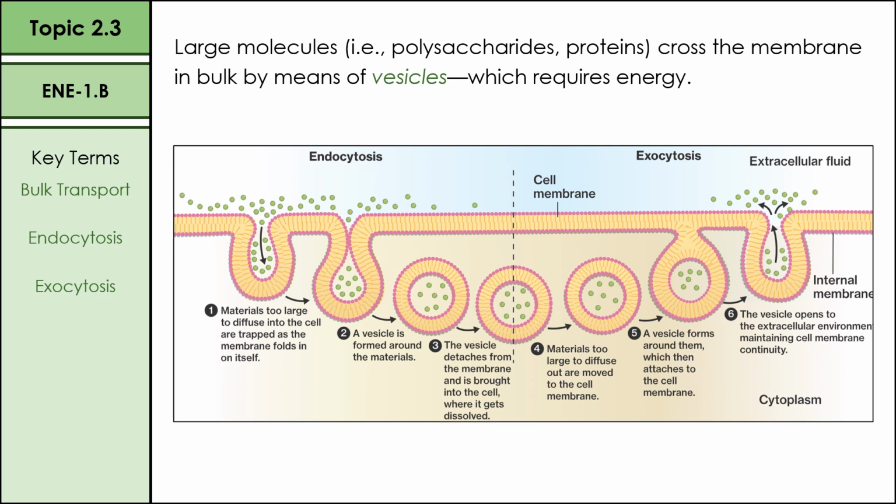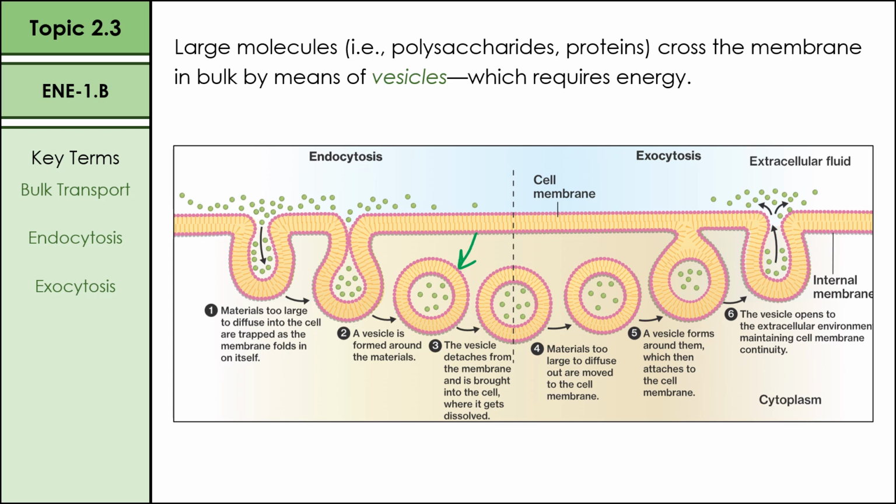So this typically happens through the use of vesicles, vesicles being these membrane bubbles that are created within our cell. And we have two major categories of bulk transport, and that's going to be largely determined by whether we're going into the cell or we're going out of the cell.